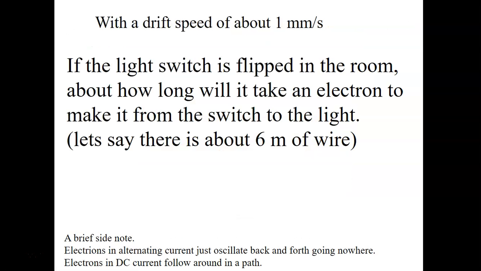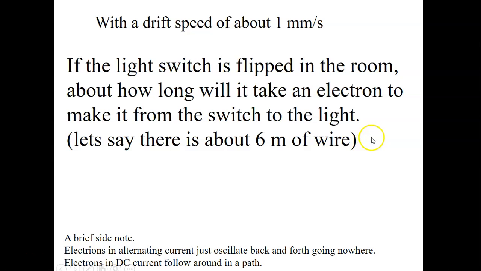And if you flip a light switch, you figure there's about, I don't know, a couple meters of wire between the light switch and the light. At 1 millimeter per second, that's a long time for the electron to get from your light switch to the light bulb. Why doesn't it take hours for your light to turn on?